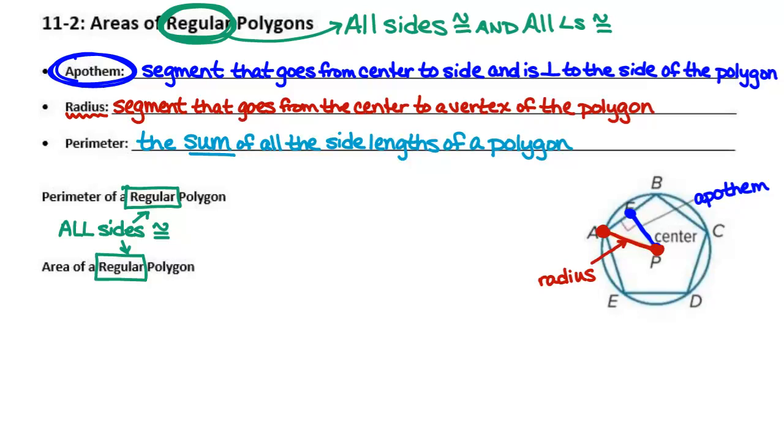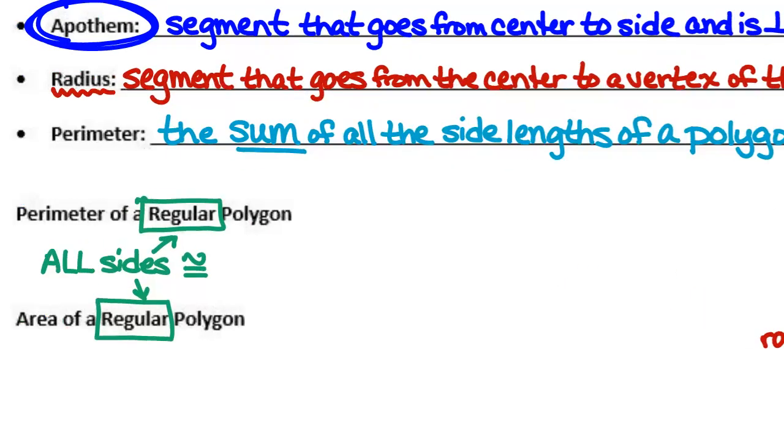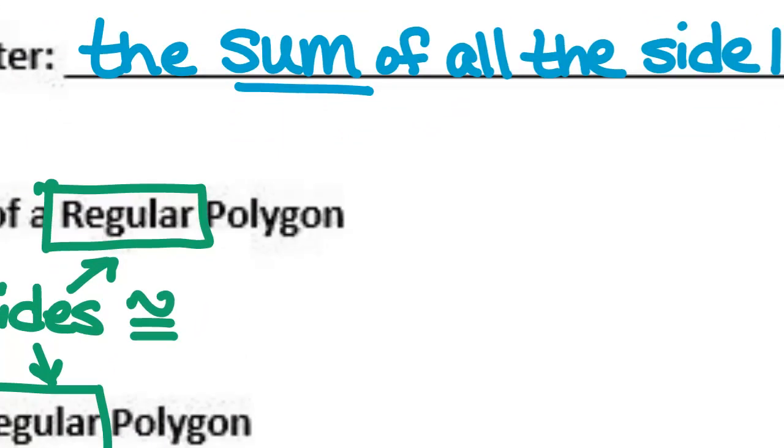If I know all the sides are the same length, rather than adding 10 plus 10 plus 10 plus 10 plus 10, what could I do to shortcut that? 10 times 5.